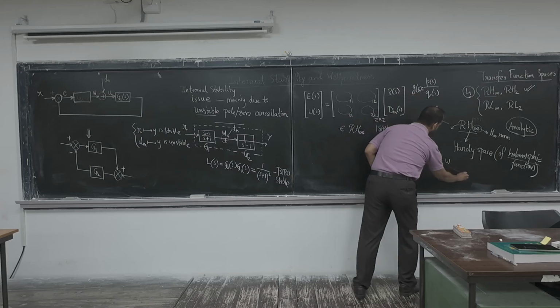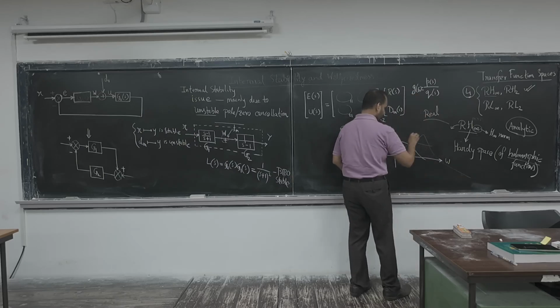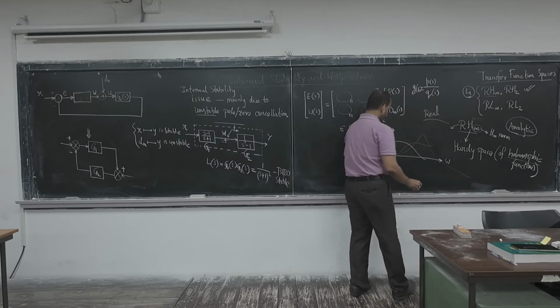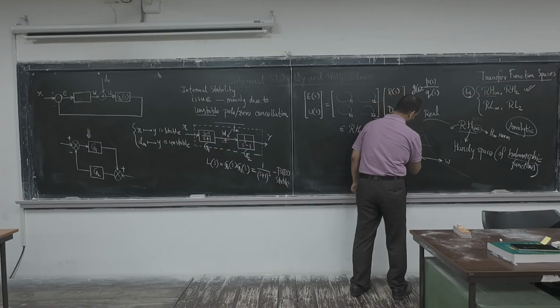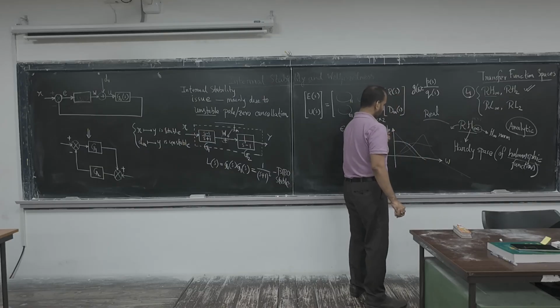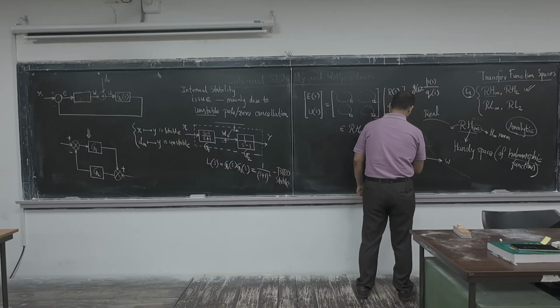Now, if you can at least guarantee that (I plus G1 G2) whole inverse is asymptotically stable, that means starting from zero frequency to very high frequency, it will always contribute finite gain.